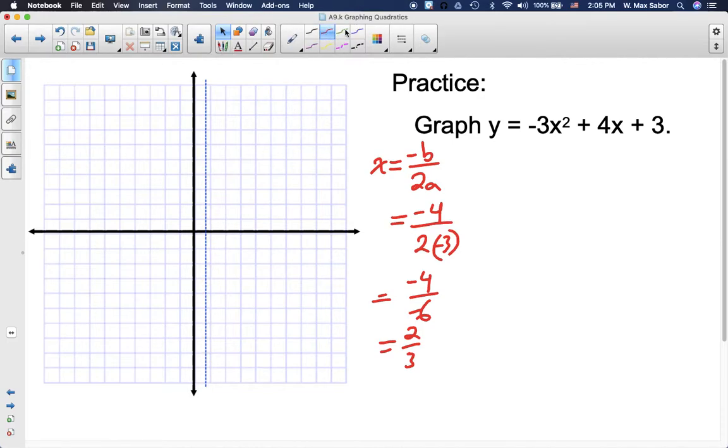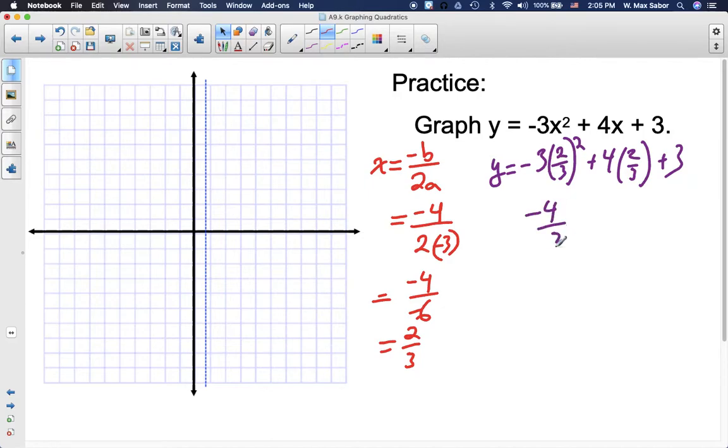Now we're going to plug in 2/3 in here. So y equals negative 3 times 2/3 squared plus 4 times 2/3 plus 3. This is going to be negative 4/3 plus 8/3 plus 9/3.